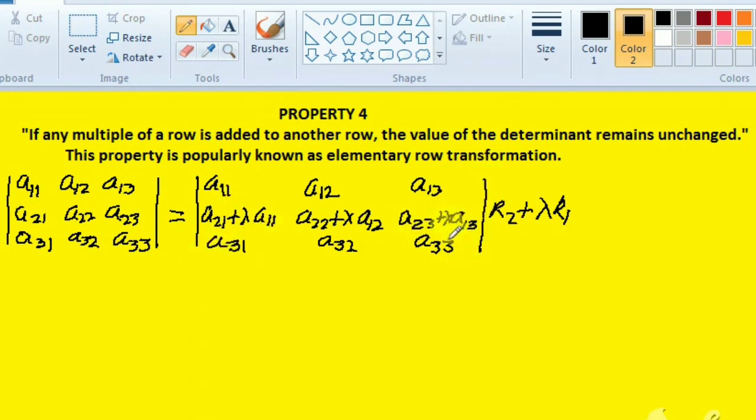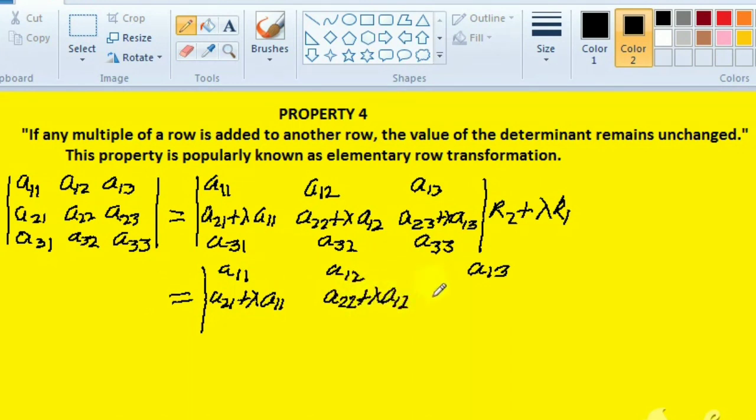Now we may carry out the operation on two rows together. So the first row, as operator, is taken as it is, and we carry out the same operation on R2. So we get A21 plus lambda times A11, A22 plus lambda times A12 and A23 plus lambda times A13. And now we carry out the operation R3 plus mu times R1.